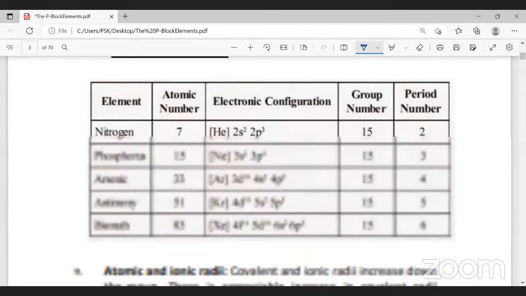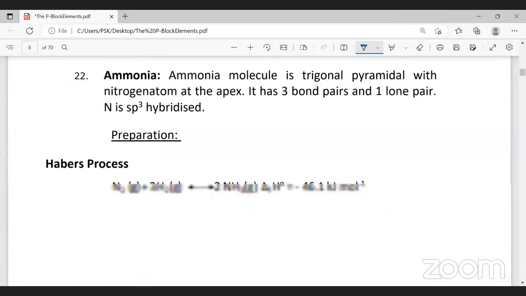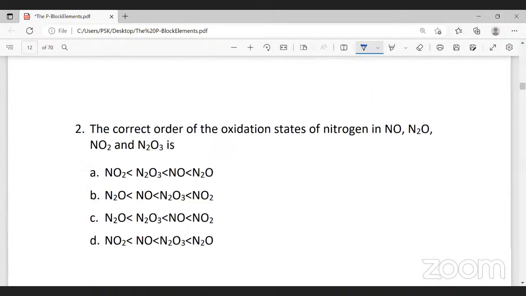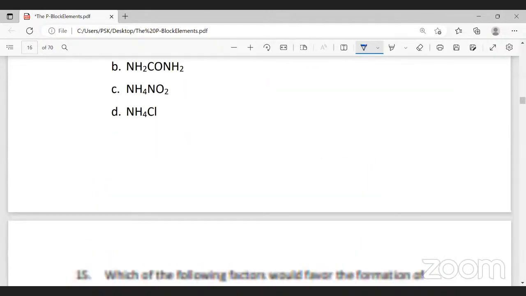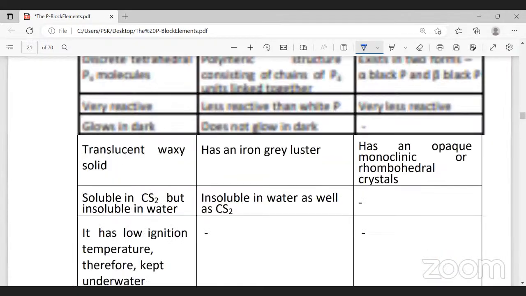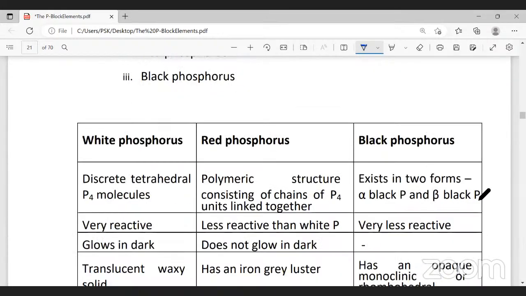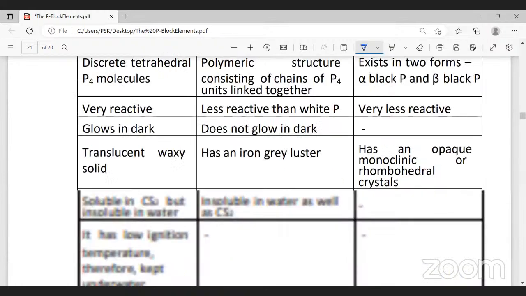Now, I have the presentation here in which the properties and preparation of phosphorus are mentioned. I thought if I write, it'll be easy for you to learn all the concepts. So here we have the differences between white and red phosphorus, and the preparation, all that is there.